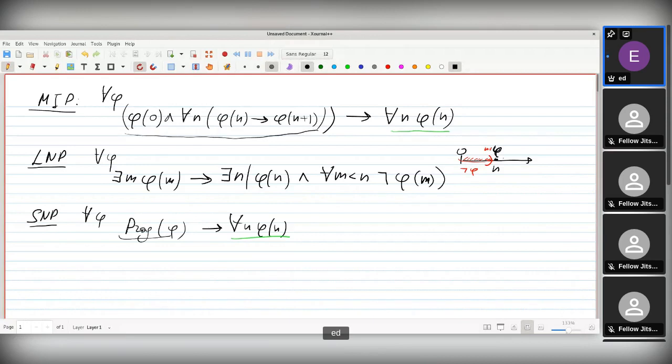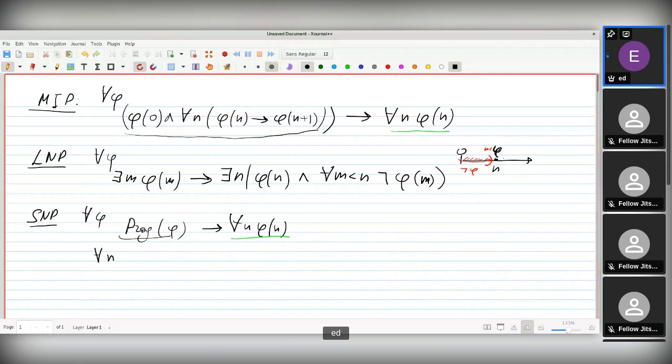Progressiveness is a form of inductive step, which in fact contains also the base case. So progressiveness is just that.